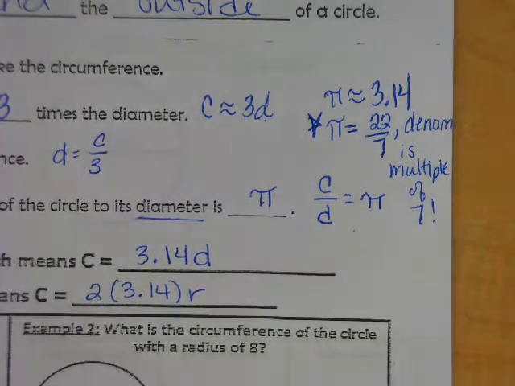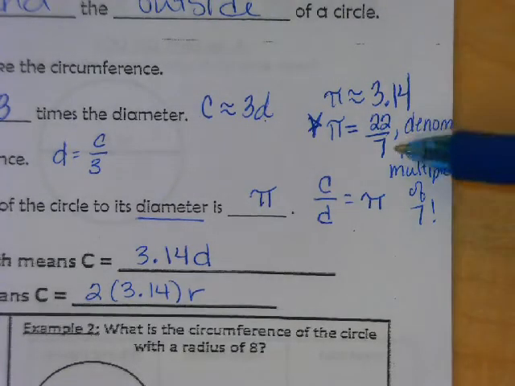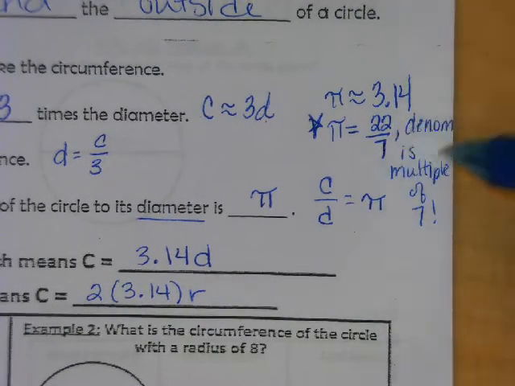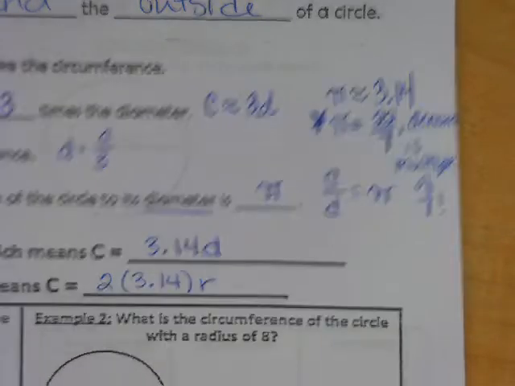Because we learned when we multiplied fractions that you can cross-reduce or cross-cancel. So if we have 7 on the bottom and my diameter is a multiple of 7, that's going to cancel out really nicely. Okay? So that's what I want you to look at.